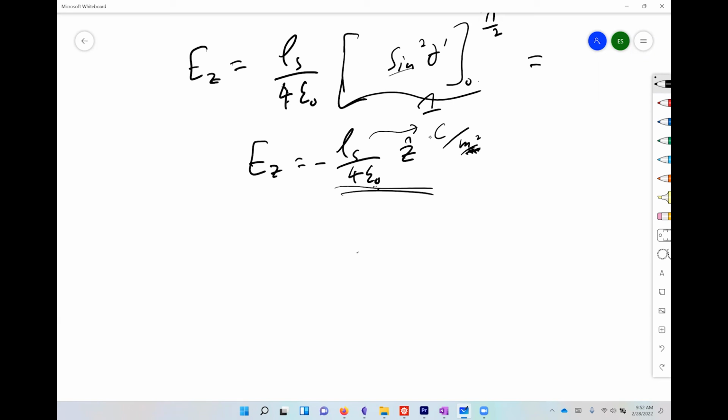Previously, one of the meters went into the line charge density, so we ended up with one variable representing distance in the denominator. Now that we have a surface charge density, both meters in the meter squared in the denominator go into the charge density, and it naturally arises just from units, right?